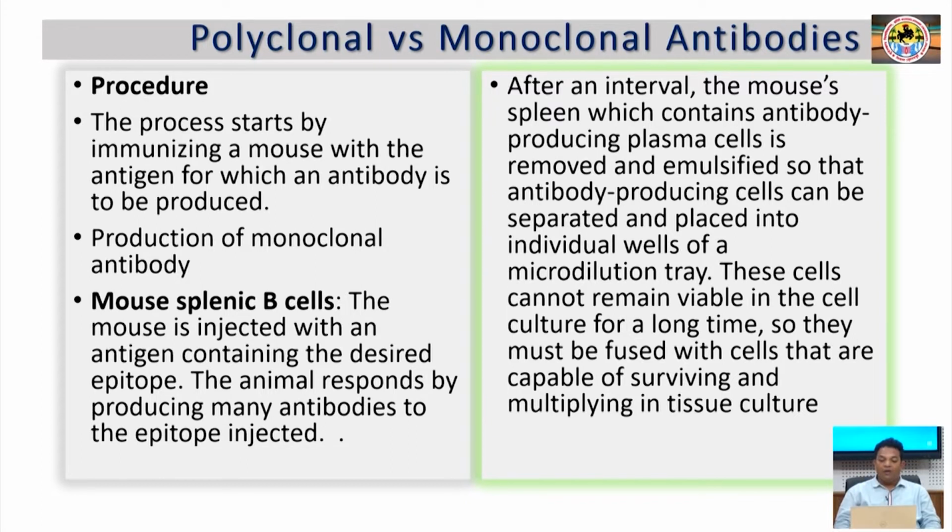After an interval, the mouse spleen, which contains antibody-producing plasma cells, is removed and emulsified, so that antibody-producing cells can be separated out and placed into individual wells. Wells means a particular tray available in the laboratory which contains micro wells.